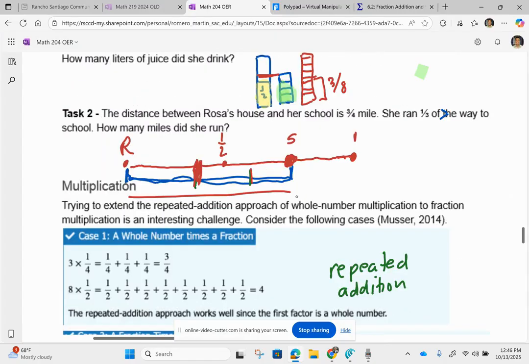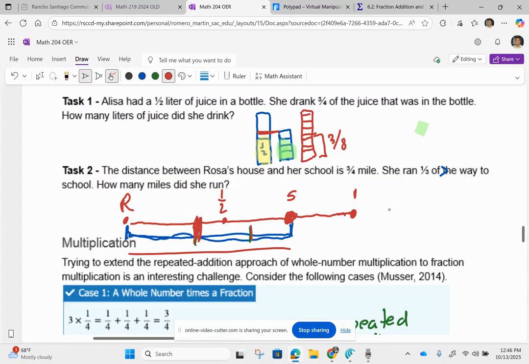So thinking about that again, how many miles did she run? Looking at that, you could pause now and think about it. She ran 1/3 of 3/4.